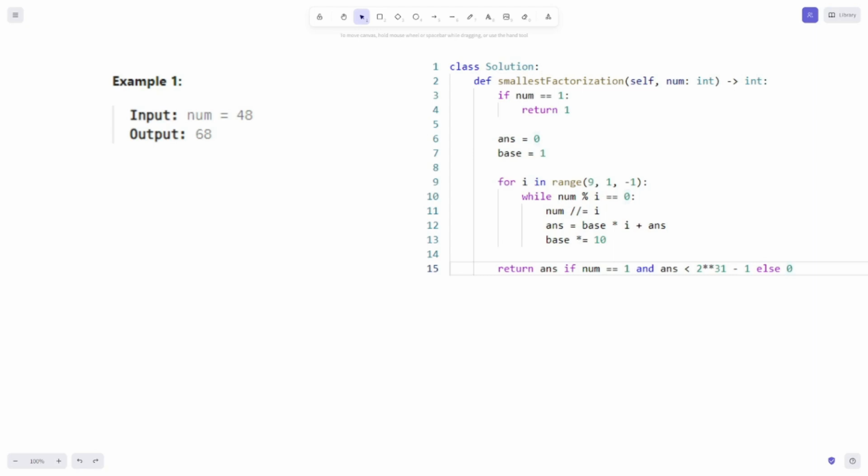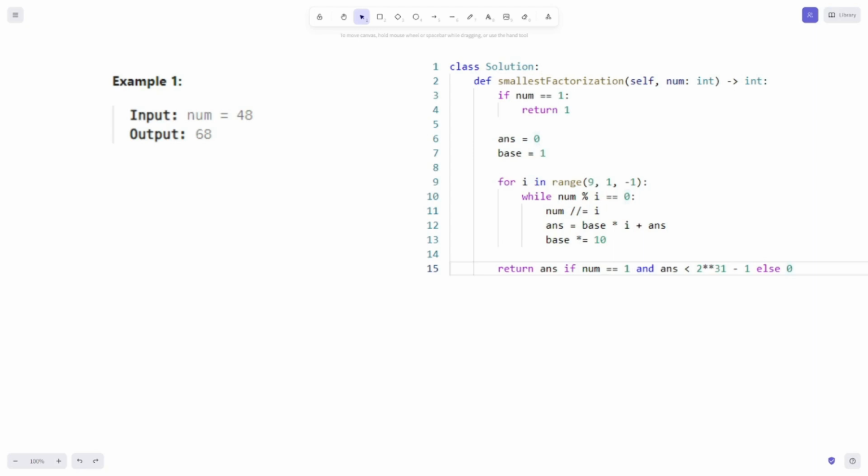Base initially starts at the value 1, and this just means the ones place. So we add a value to the ones place and place it into answer, and then modify base to move the decimal place 1 to the left. So it becomes the tens place, and so on.